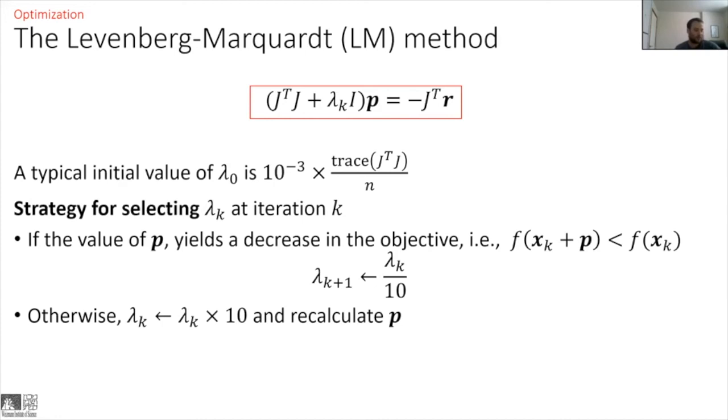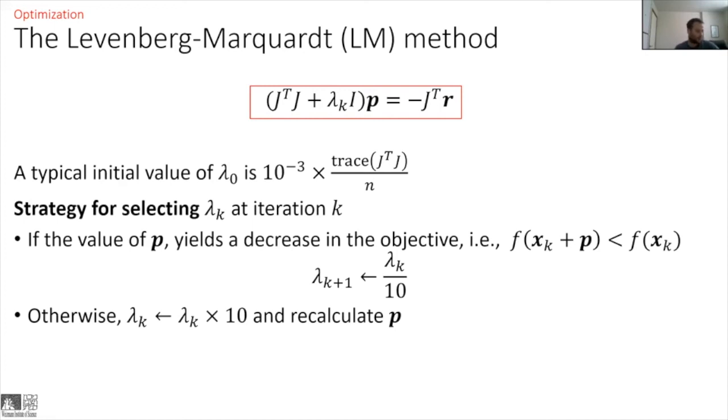So it's a bit different strategy that I didn't want to go into, but if you limit the norm of the direction, it's equivalent to decreasing the step size, right?